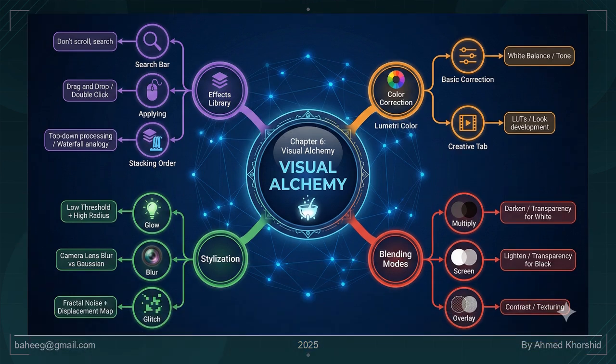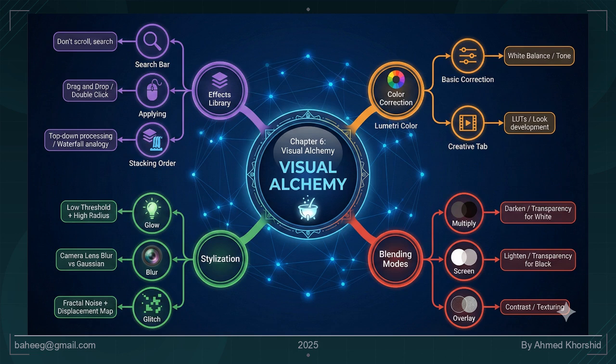Figure: Mind Map, Chapter 6, Visual Alchemy. Central node, Visual Alchemy. Node, Effects Library: subnode, Search Bar, don't scroll, search; subnode, Applying, drag and drop, double click; subnode, Stacking Order, top-down processing, waterfall analogy. Node, Color Correction: subnode, Lumetri Color; leaf, Basic Correction, white balance, tone; leaf, Creative Tab, LUTs, look development.